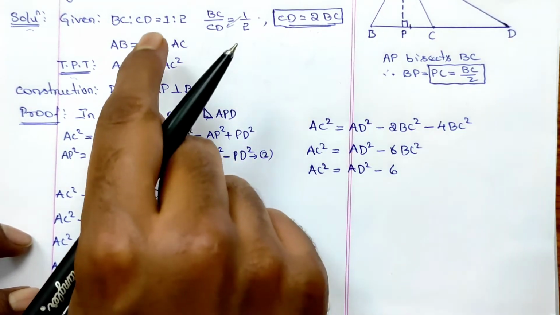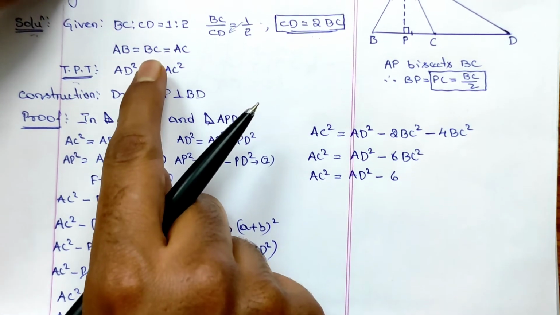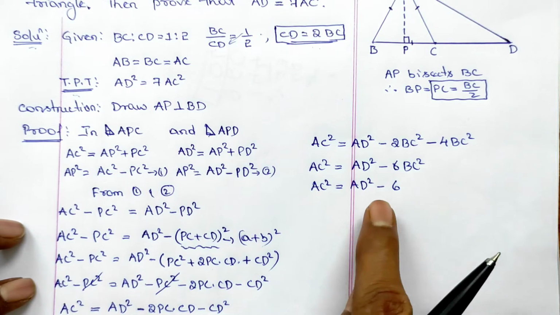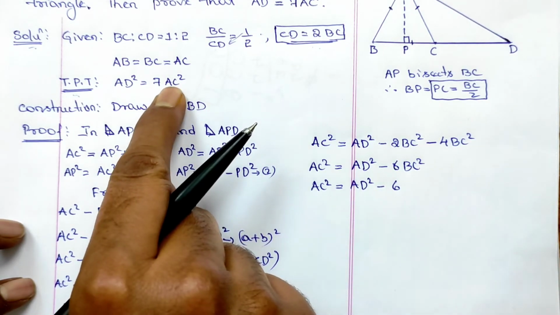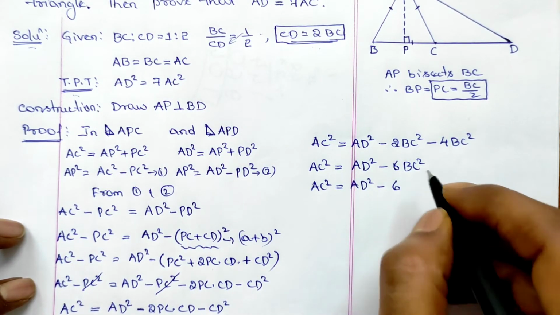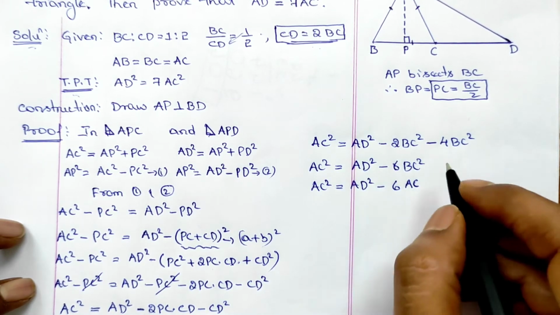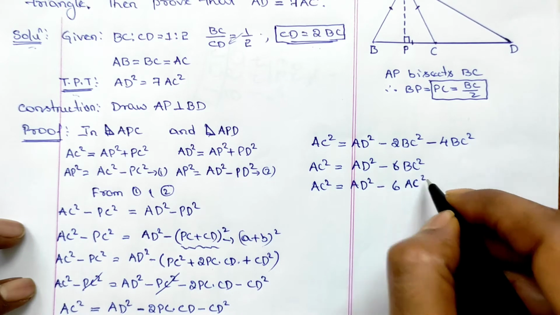BC and AC are equal because ABC is an equilateral triangle. So instead of BC we can write AC, because we require AC square only.